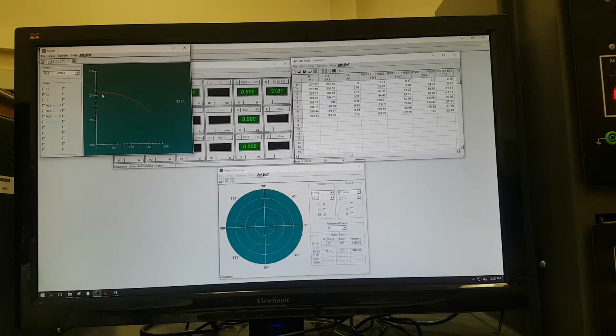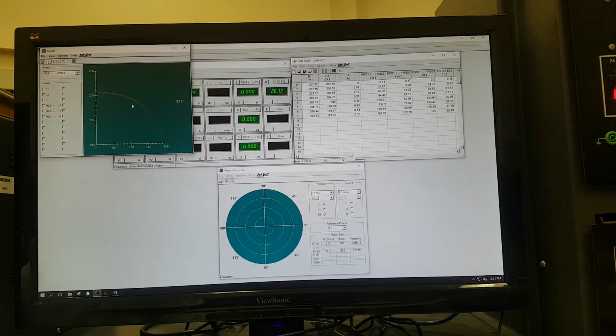So what happens here? This is the active power. As the power increases, what is happening? The receiving end voltage is decreasing, but it is not linearly decreasing. There is a curve there. It is not linear, but there is some kind of curve.